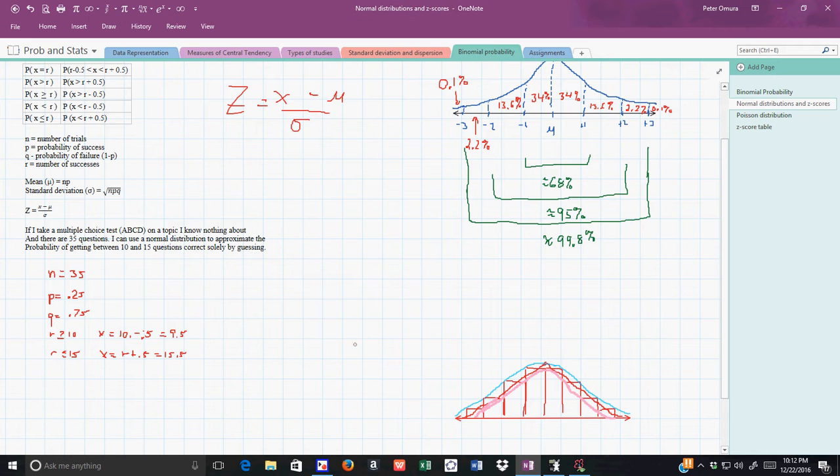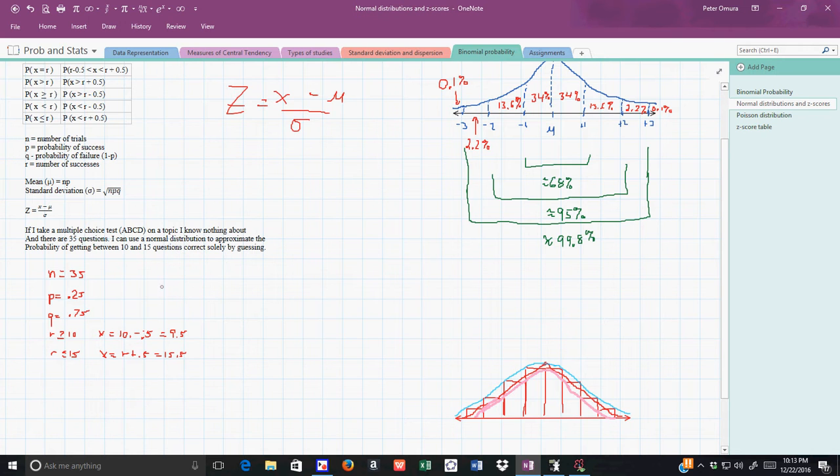And that's kind of why we use the +5 and the -0.5. These are called, what are these called? There's a special name for them. It's like correction. It's my correction values. Anyway, so going back to this.